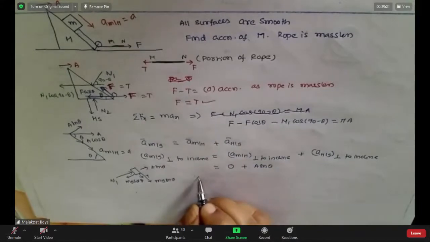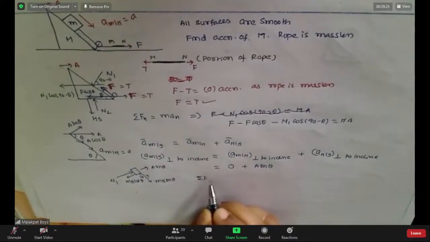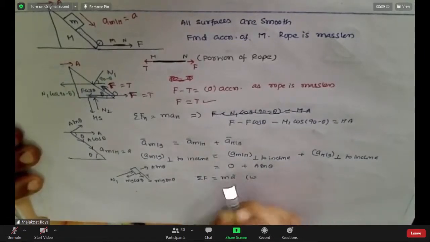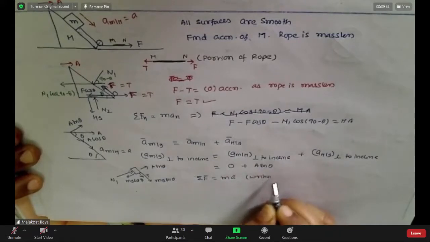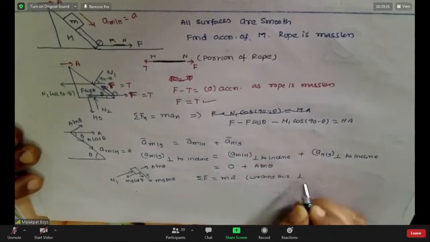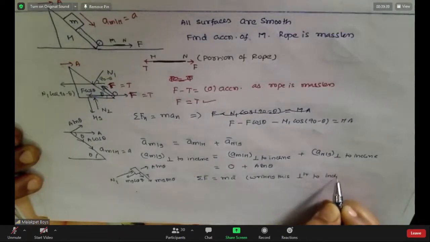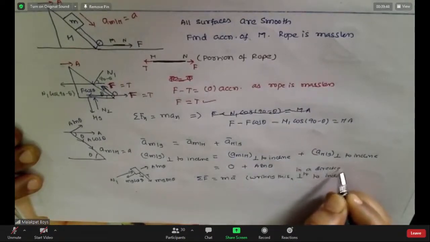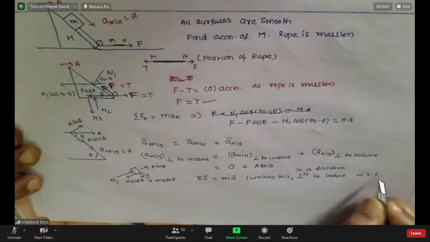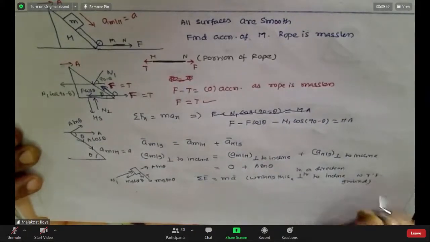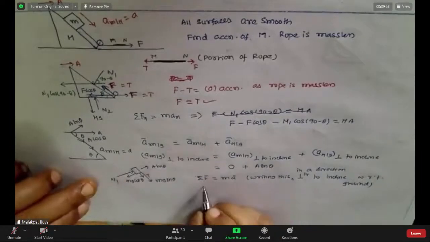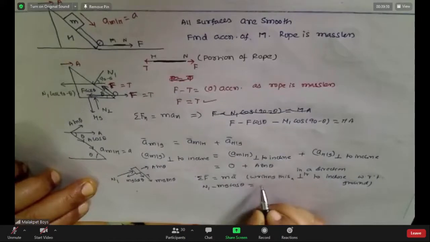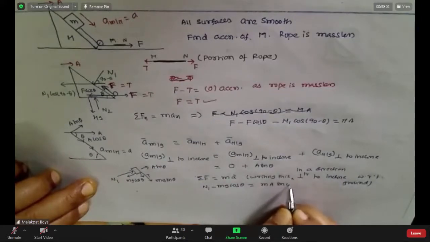So the net force with respect to ground, perpendicular to the inclined plane, I am writing all this. Can you tell what forces will come up? N1 minus mg cos theta equals mass into A sin theta.